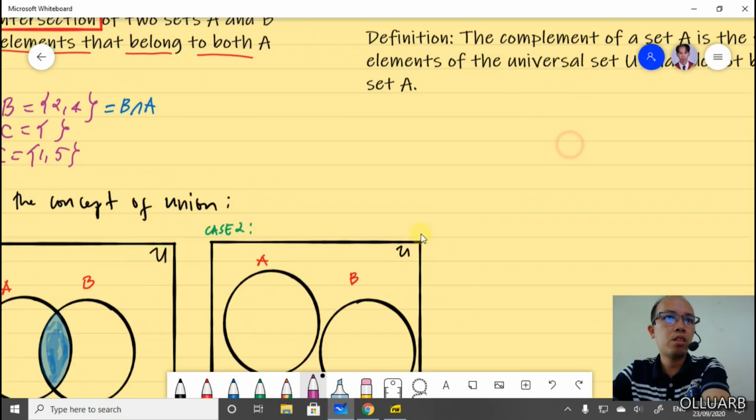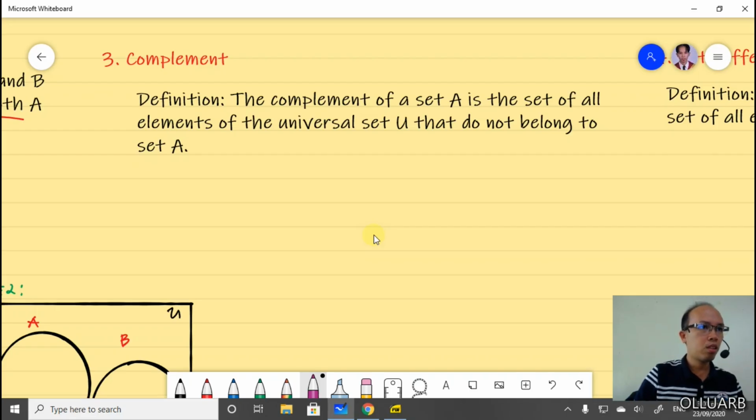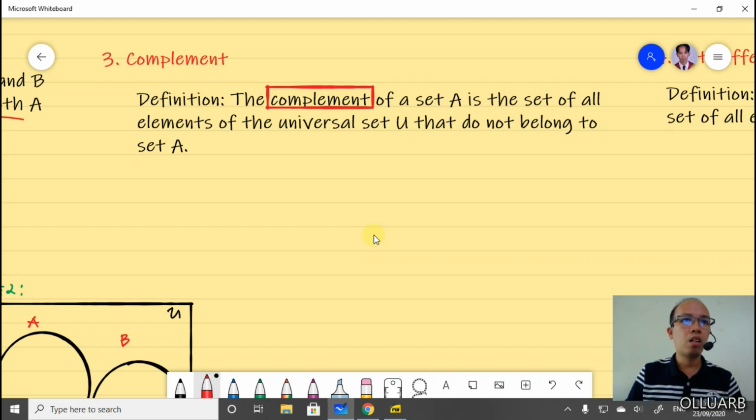Okay, for the next definition, we are almost done, we will be discussing the complement of a set. The complement of a set A is the set of all elements of the universal set U that do not belong to set A. What does this mean?